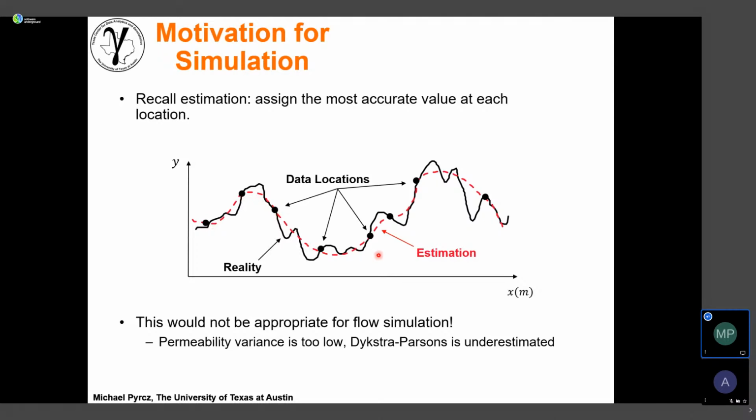Dykstra-Parsons would be too low for flow simulation. For grade-tonnage curves, you would not have enough dispersion. That's called conditional bias in the mining industry. For the purpose of groundwater, your conductivity would just be wrong, and you would not have the same degree of perhaps advective and diffusive flow with your contaminants in the subsurface.